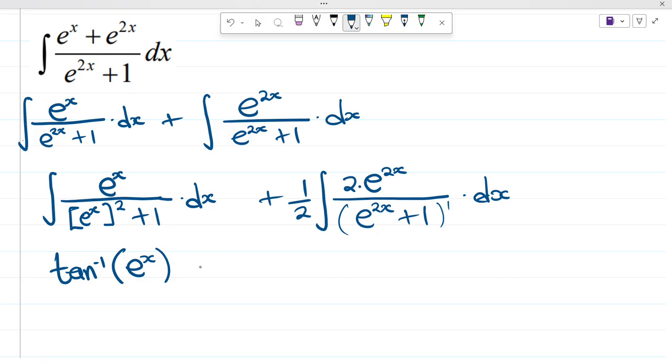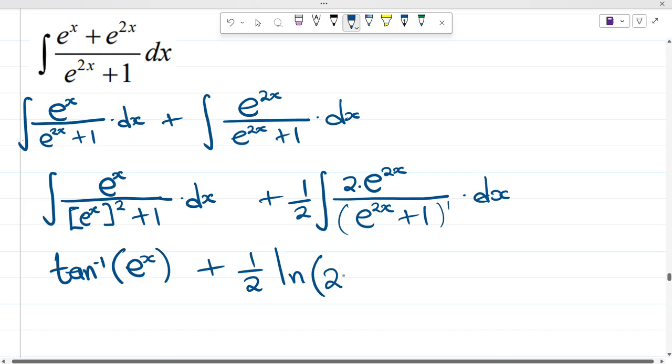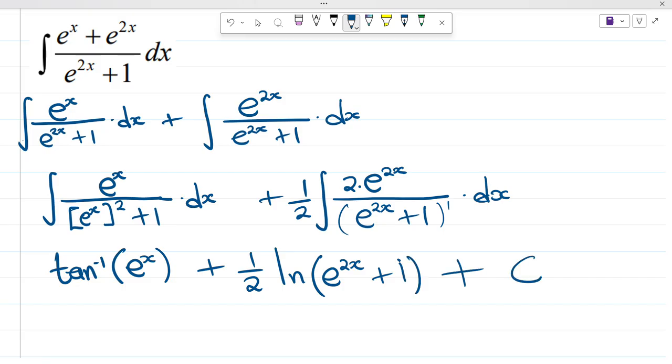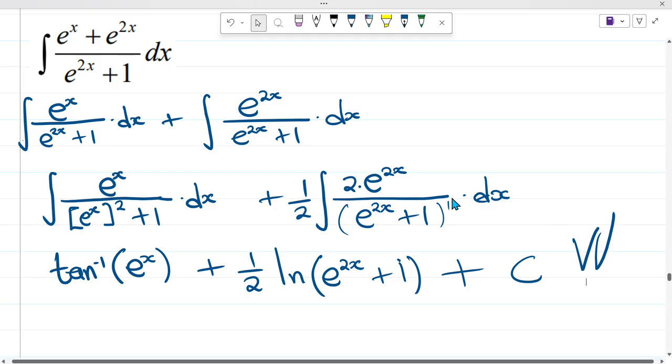So that's going to be 1 over 2 ln of e to the power 2x plus 1, and then you close, you say plus c, then boom, ta-da, you have your answer. Easy, easy, easy. All right, so I hope you got that one. It was an easy one, of course.